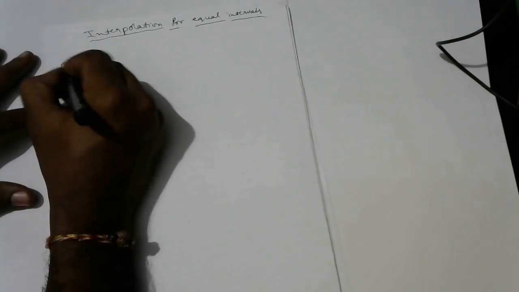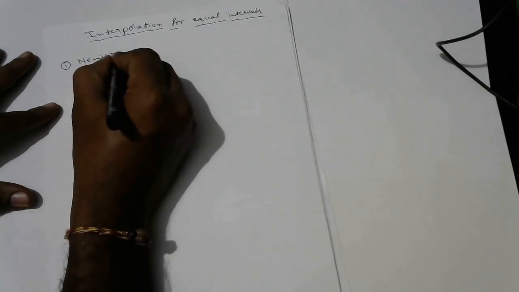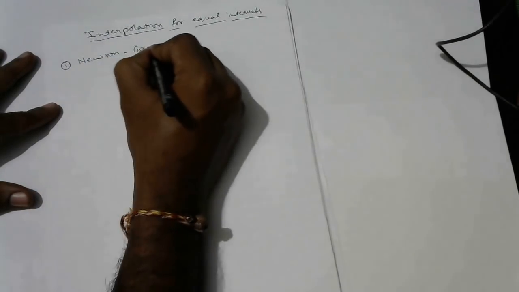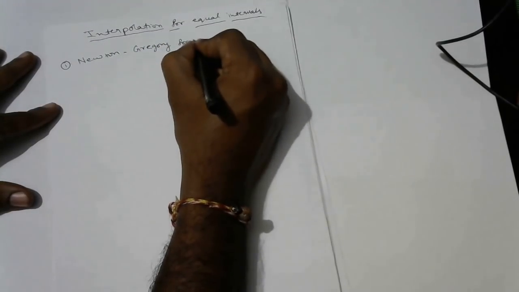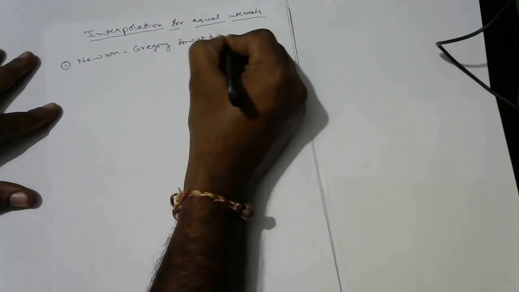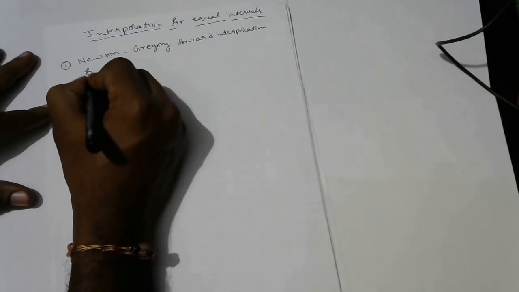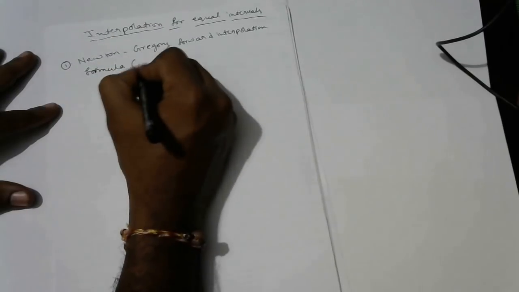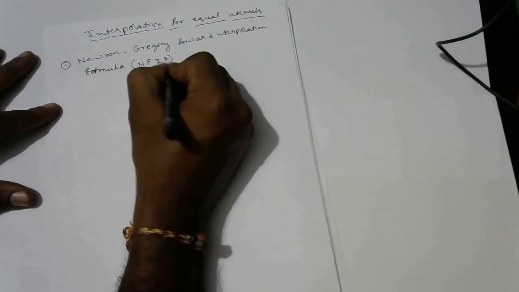First one, Newton-Gregory forward interpolation formula. Short form is NFIF.